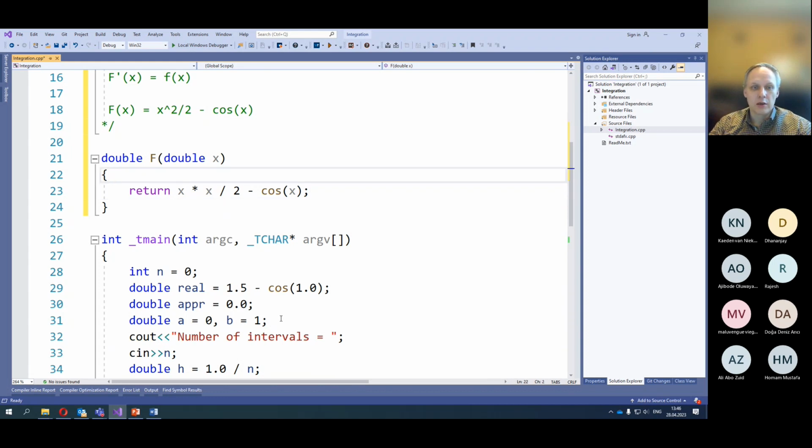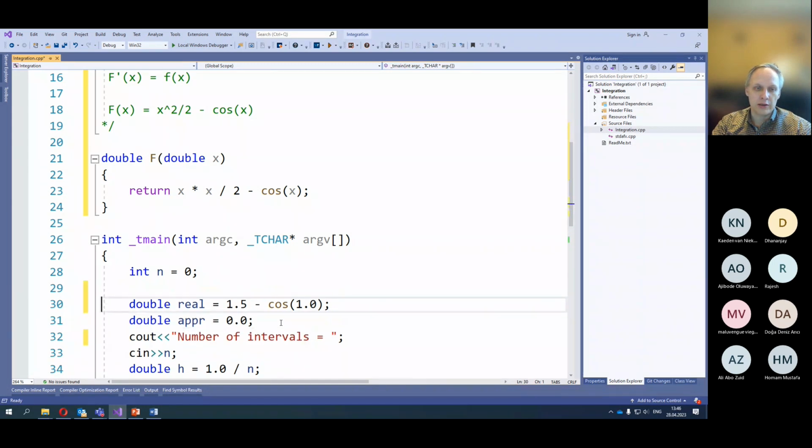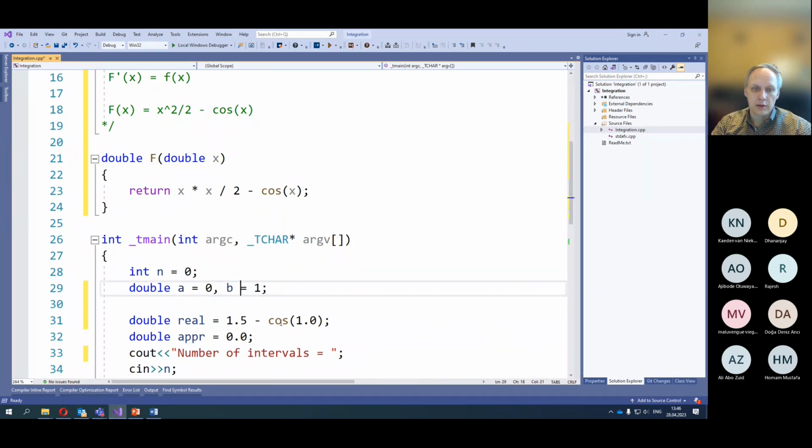Suppose that we want to compute an integral from a to b. In this case, the real value of the integral will be here.